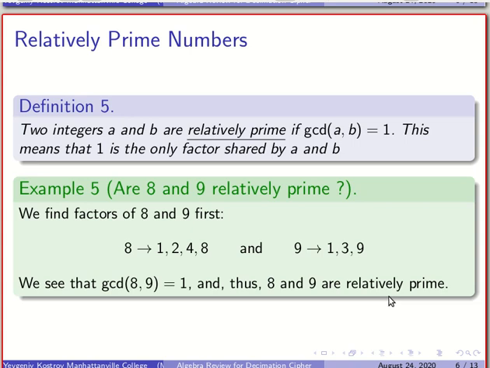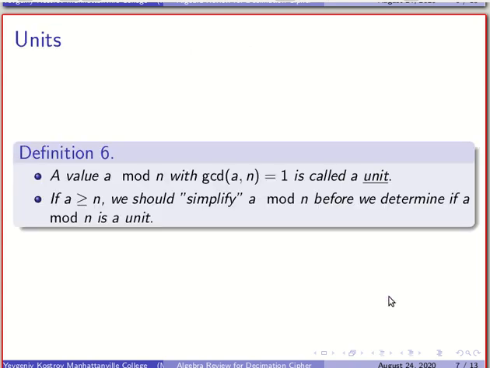All right. So now we're getting closer and closer to the idea that we're going to need for our calculations. If we take a number a mod n with the greatest common divisor of a and n equal to 1, basically this tells you that a and n are relatively prime.